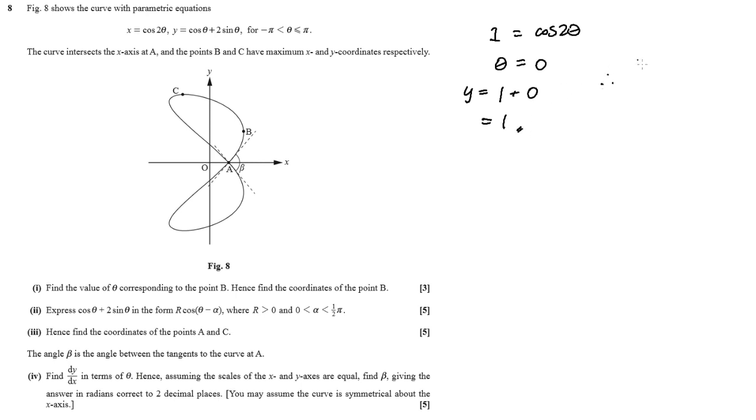And therefore point B lies on coordinate 1, 1. So that's the first part done.